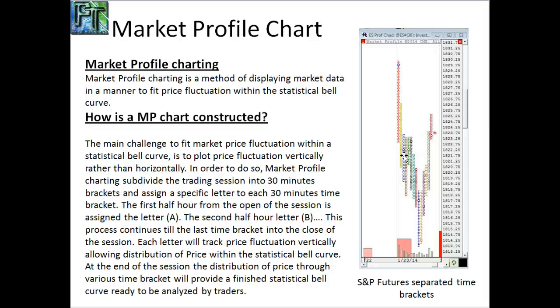Now I still cannot see any statistical bell curve here. I see half hours going up and down vertically with letters, but I do not see a statistical bell curve.